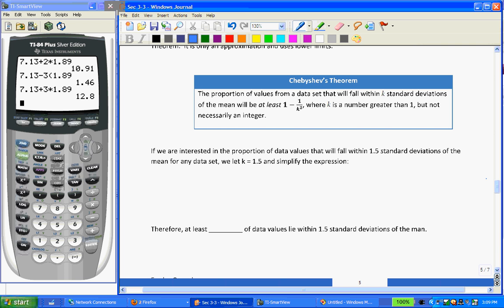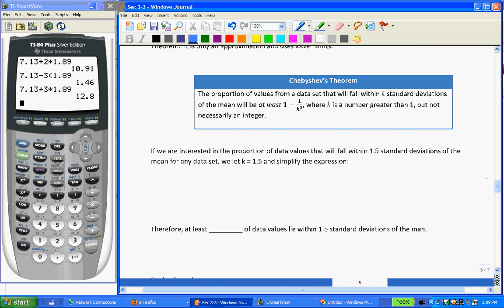So just like before, we were stating so much data fell within 1 standard deviation of the mean, and so on and so forth. This is kind of saying the same thing, but it's a little looser. The limits aren't as strict, but it's allowing for that, and this can be used with any data set, whether it's bell-shaped, skewed to the left or skewed to the right. So that's why the limits are lower.